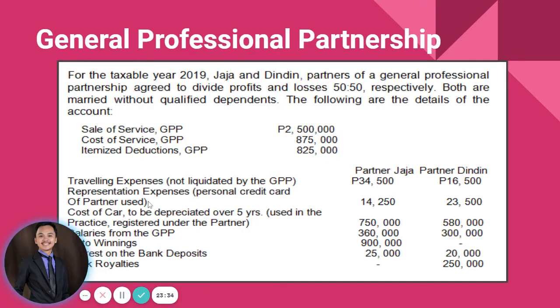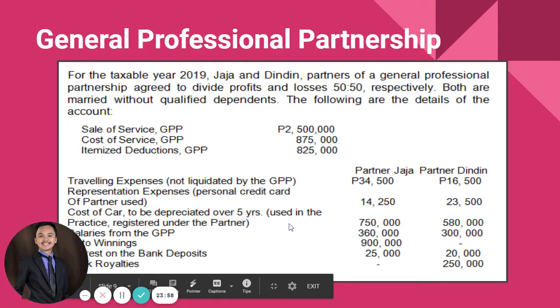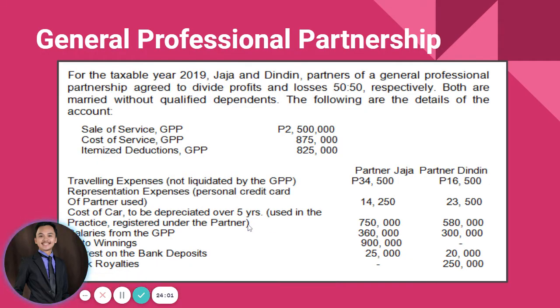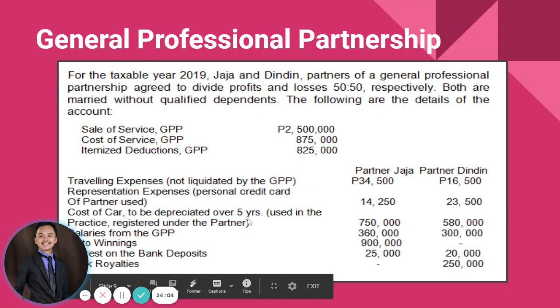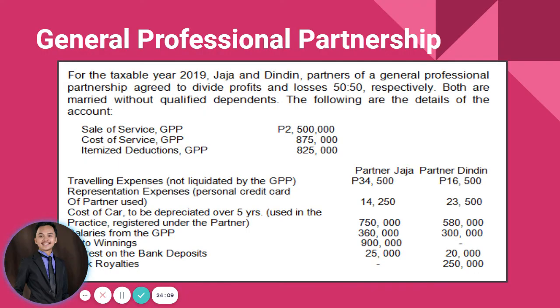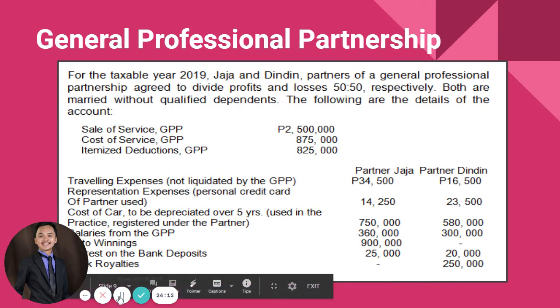But again, these are representation expenses which should be included as expenses of the partnership but were not able to be included, and the cost of a car, which is to be depreciated over 5 years and is used in the practice but is registered under the partner. So again, although it is registered under the name of the partner, since the car is used in the practice, it should also be part of your itemized deductions.